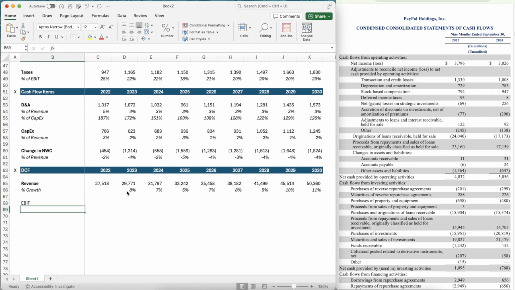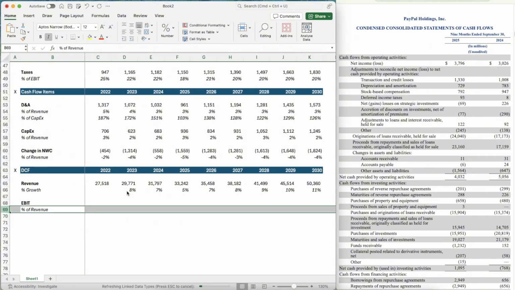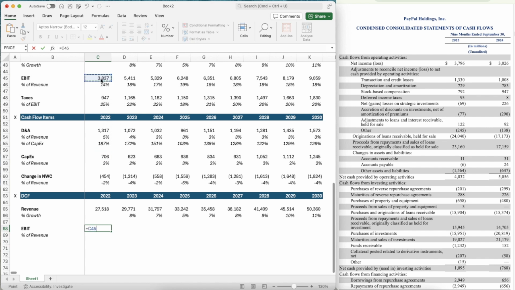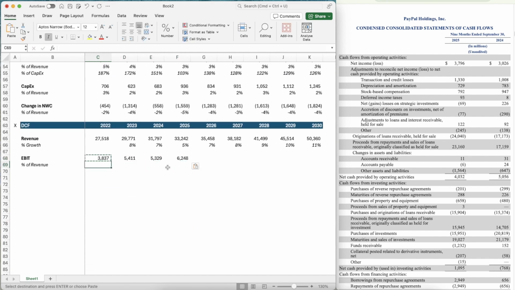So EBIT now. EBIT percentage of revenue. And just pull this, copy it, but just up to 2025, because we're going to do a bull, base, and bear case scenario.